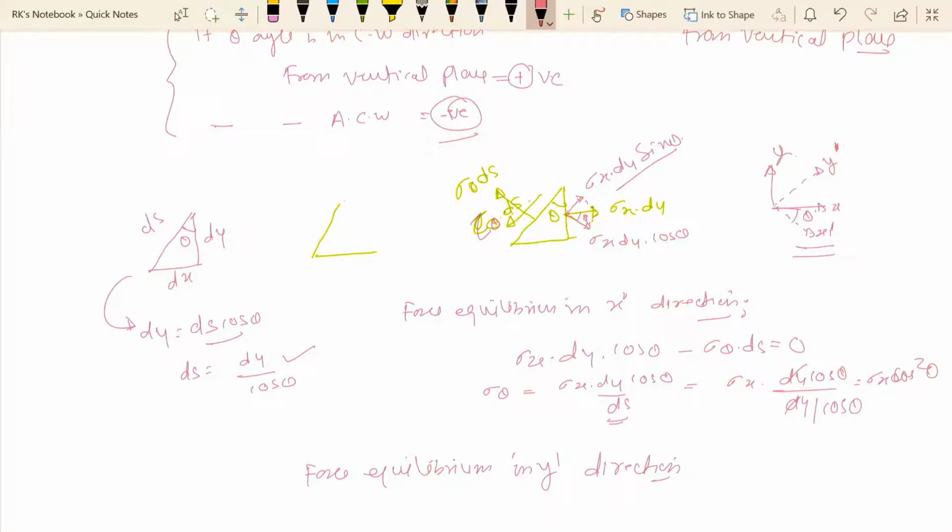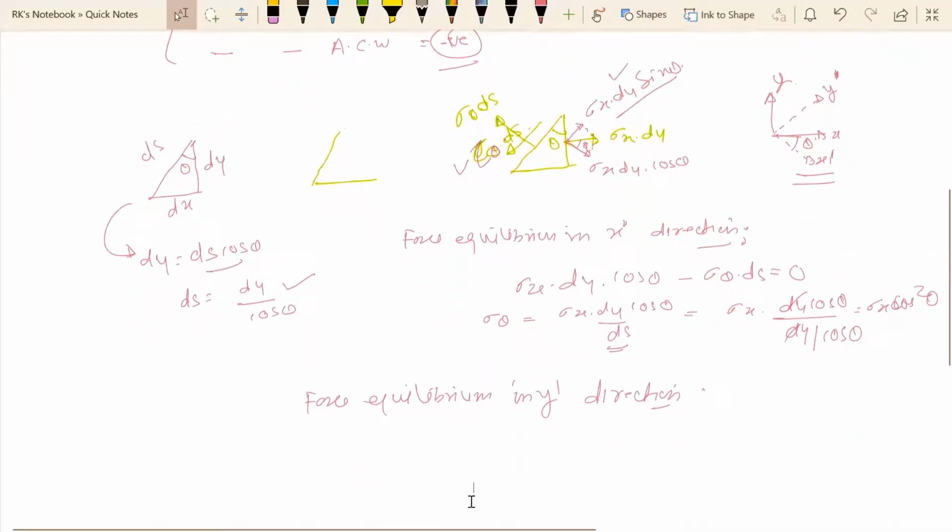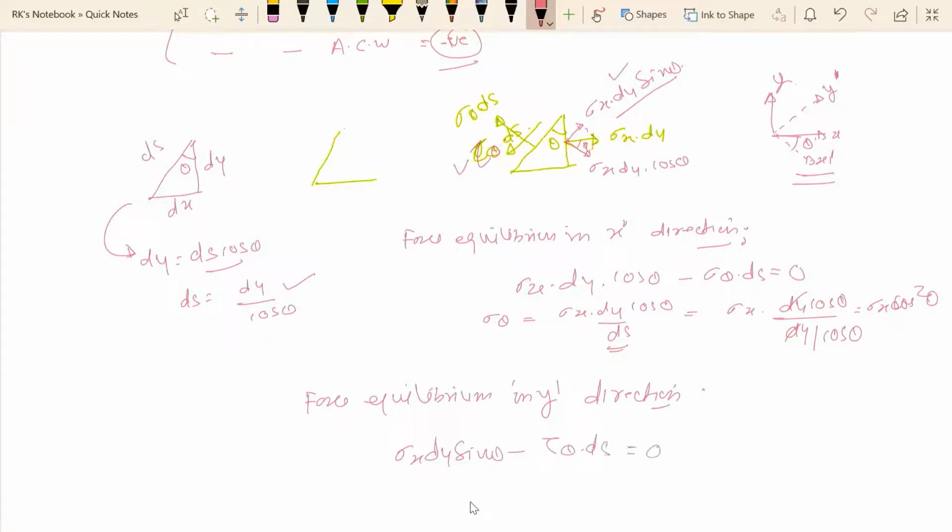If we write this force as positive, then this would be negative, as it is opposite in direction. So sigma x dy sin theta minus tau theta ds is equal to 0.